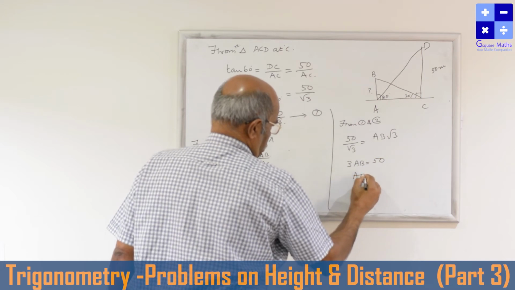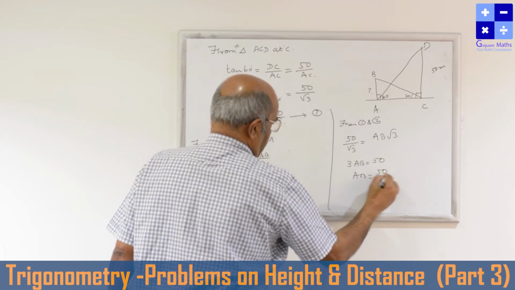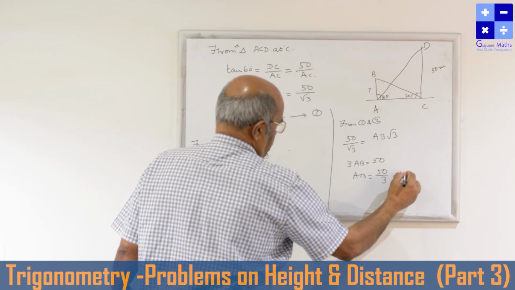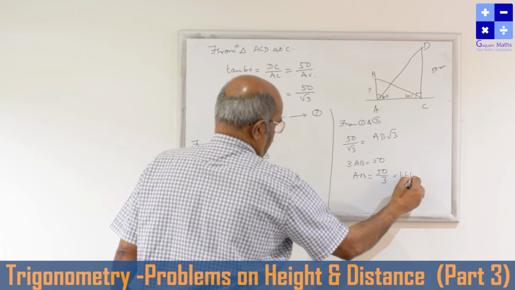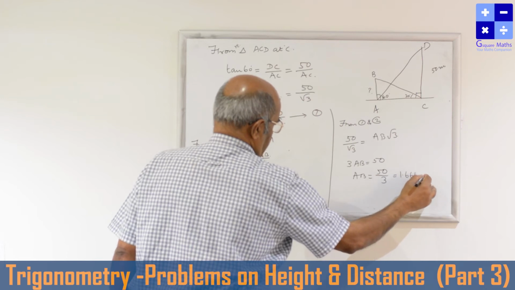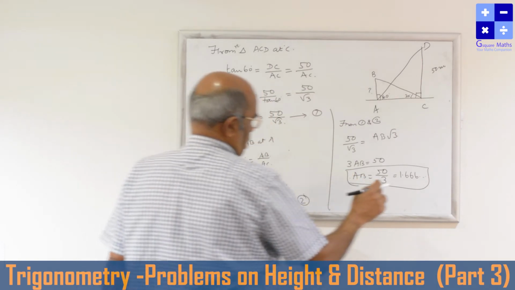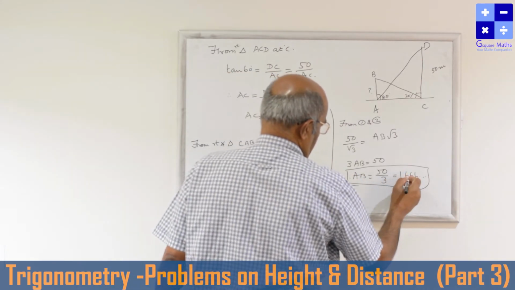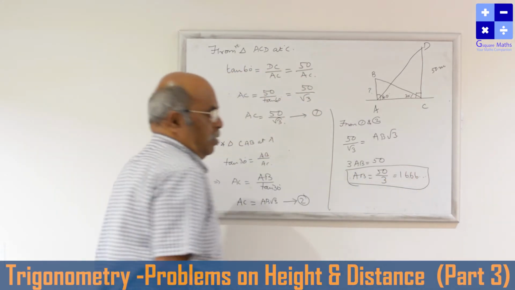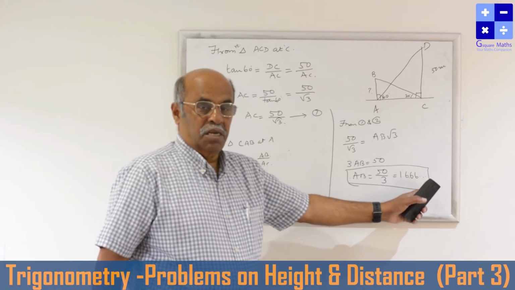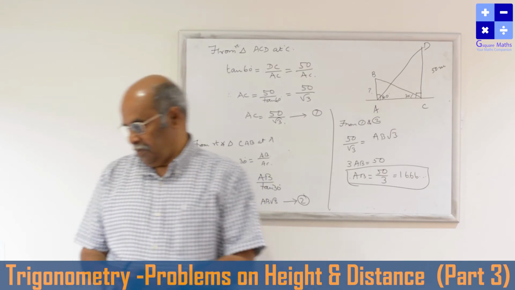Therefore, AB is equal to 50 by 3, that is 16.666, etc. So, the height of the building is 16.6 meters.